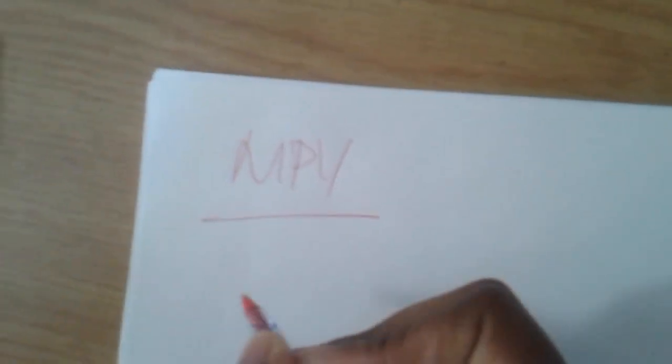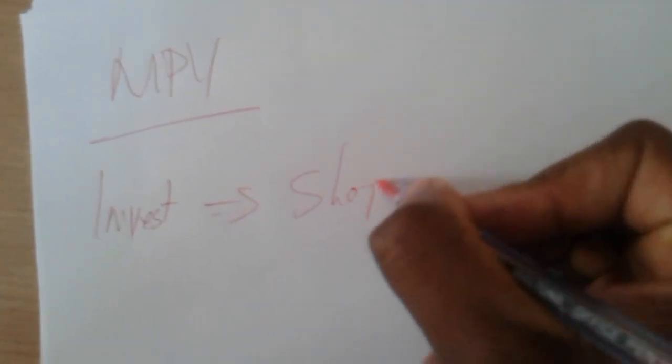There are about 3 things I need you to understand, or 2. We want to call the cost of capital, which is, I will give you an example. So this is net present value. Let's say you want to invest in a shop. So let's say you want to buy a shop, right?